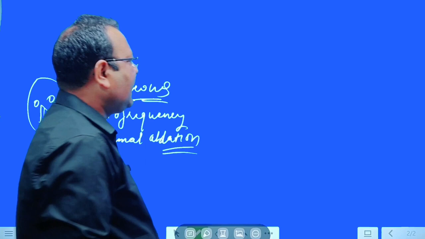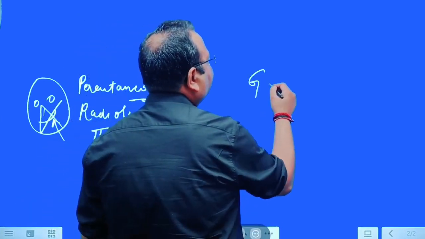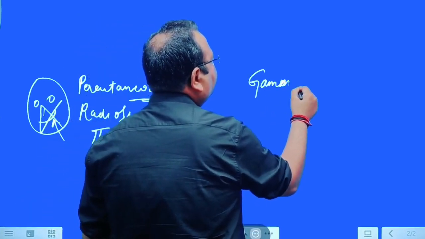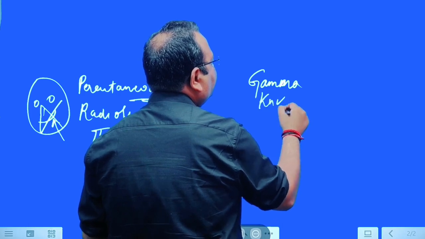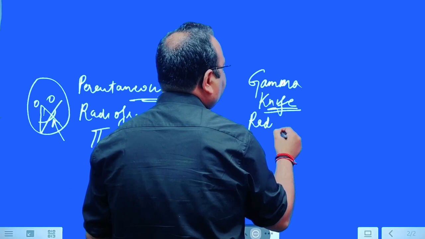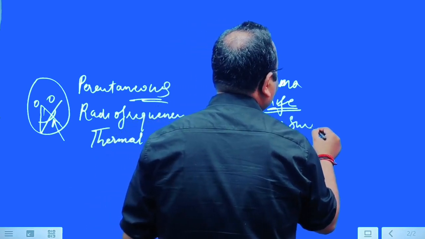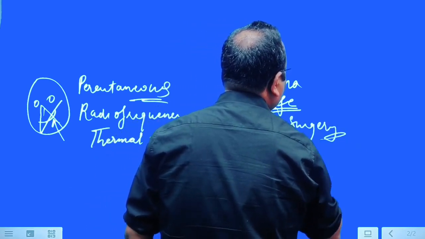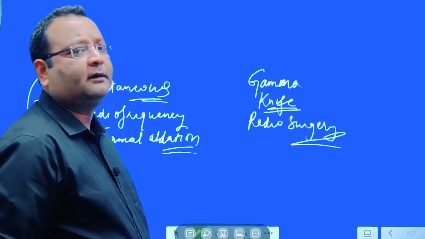And one more technique is gamma knife radio surgery.